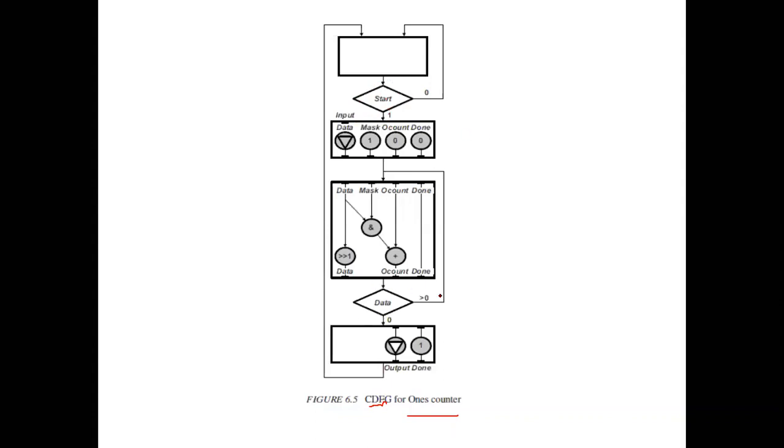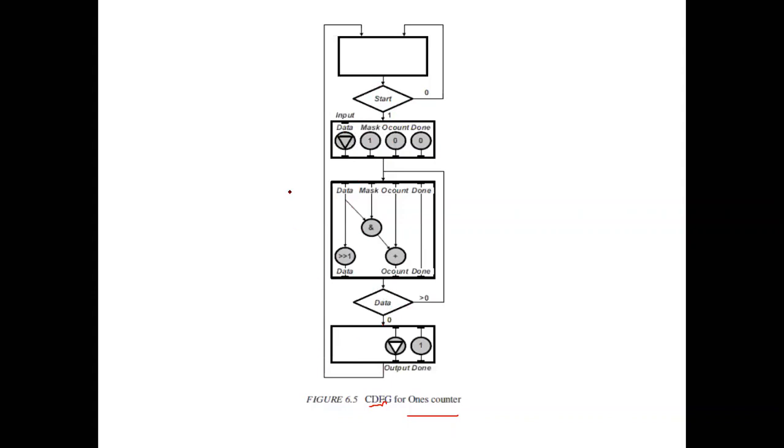In this particular diagram, we have 1, 2, 3, and 4 basic blocks. Four rectangles means four basic blocks and two condition checks. Here one is the start condition and one is the data greater than or equal to condition check.